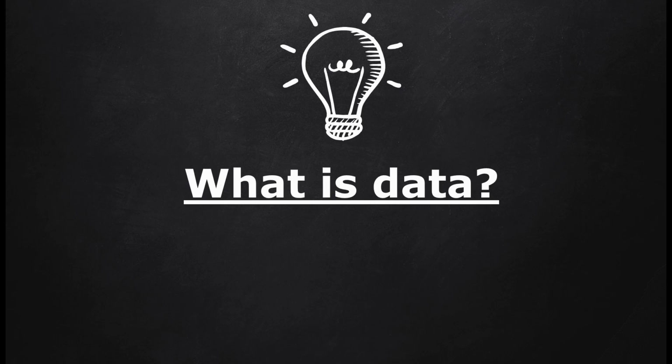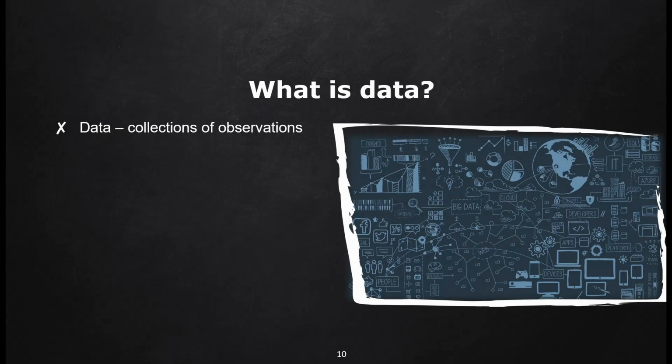We've been talking a lot about data and organizing and making conclusions about this data, but what is it? It's fairly funny that such a big idea has such a tiny definition. So, data, it's defined as collections of observations. I like to think of data as just basically information.